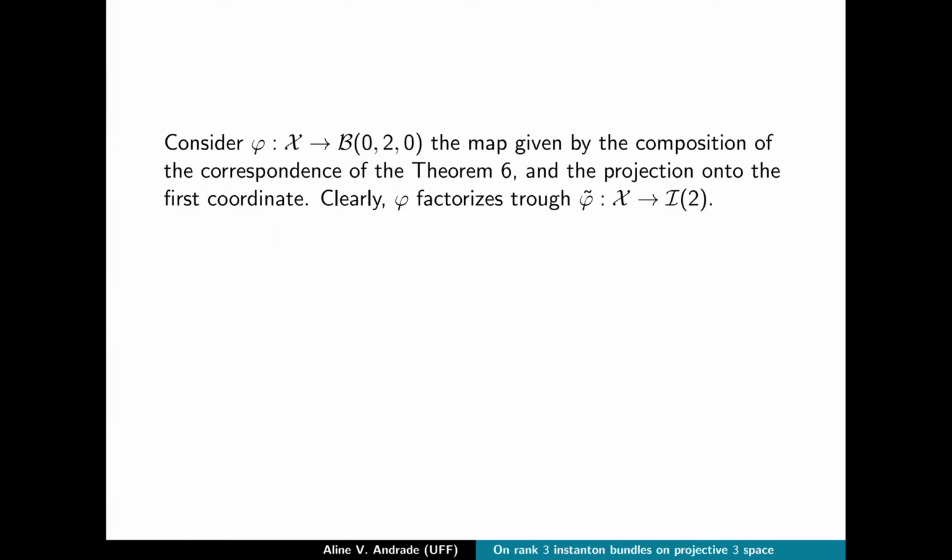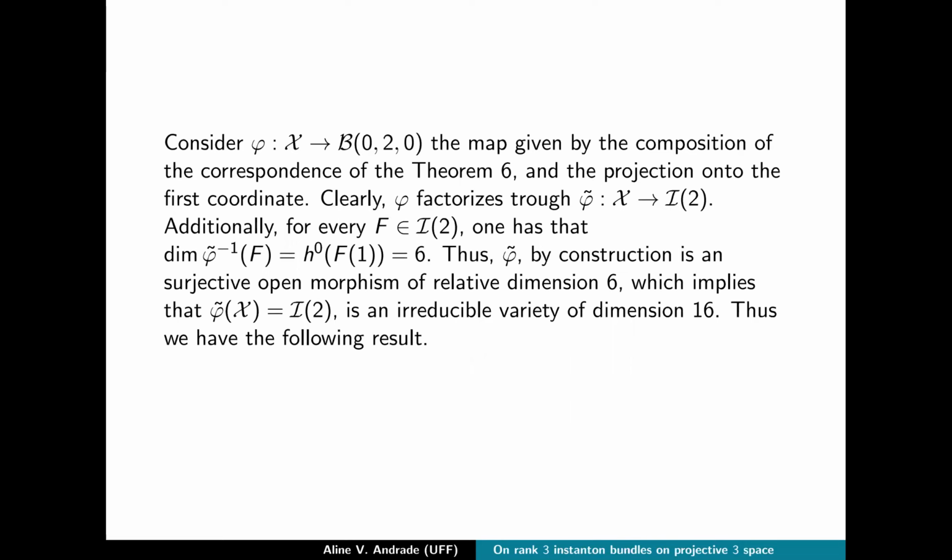And additionally, for each instanton bundle, one has that the dimension of the inverse image is equal to the amount of sections that we have on F(1), which in this case is 6. Thus, by our construction, this is a surjective open morphism of relative dimension 6, which implies that we have the dimension, and this is an irreducible variety of dimension 16.